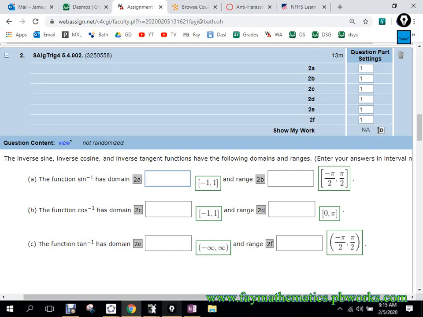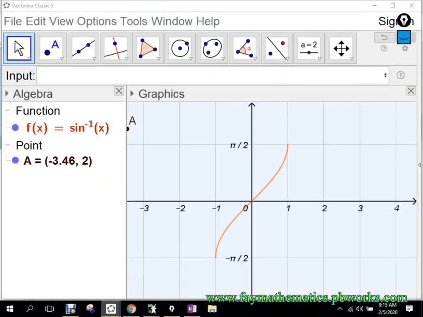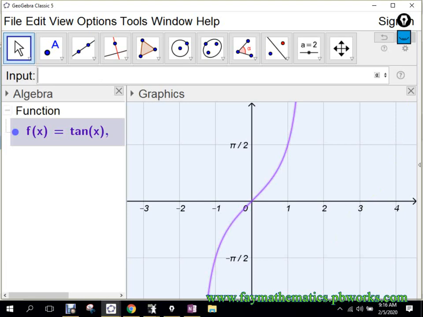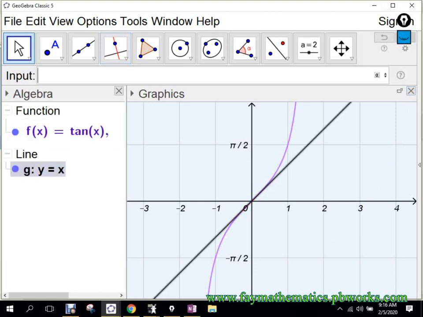The tangent function is a little bit different in the fact that the tangent function, okay, remember the tangent looks like this, and so it's periodic, so I'm only going to look at it between negative pi over 2 and pi over 2, okay? Now if I take that thing and I reflect it across the line y equals x real quick, which would be the inverse, right?